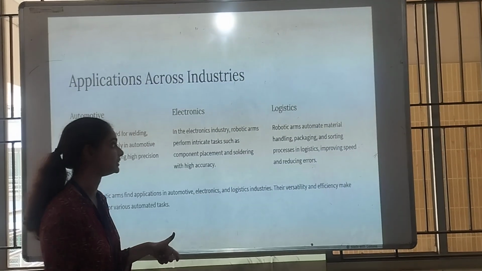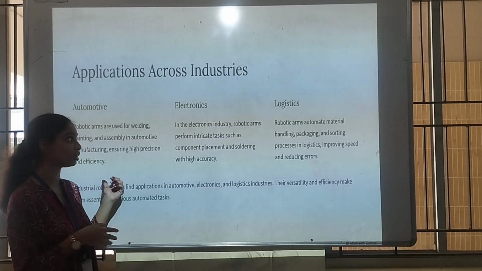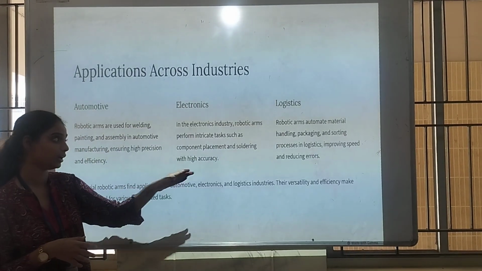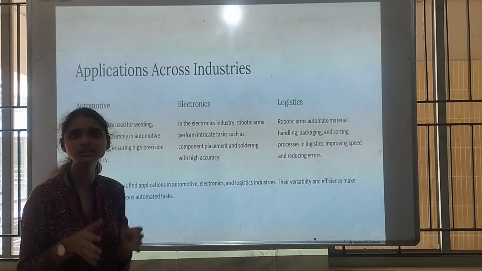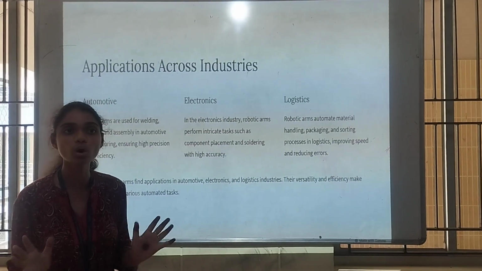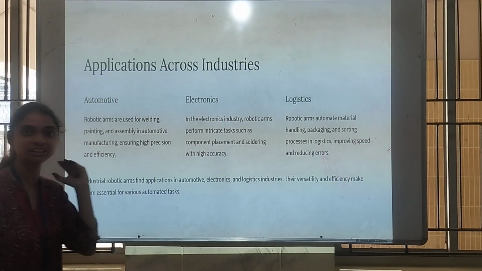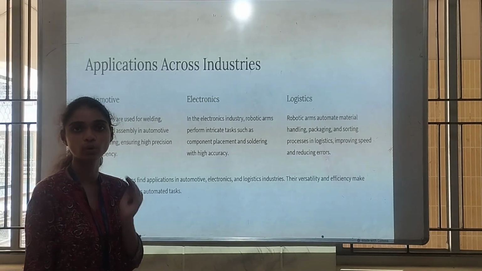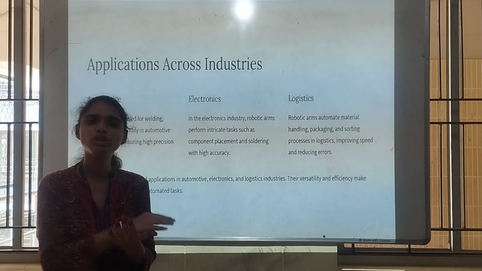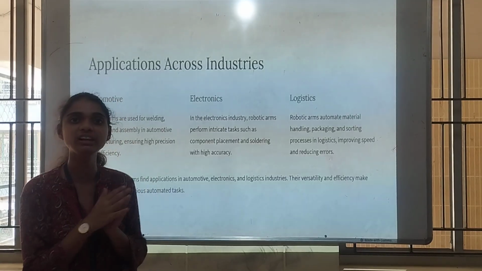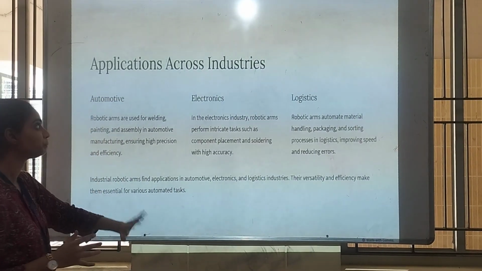Applications across the industries. Most industries like electronics and automotive use robotic arms throughout the area to make production high, efficiency more high, and precision also high. These three are very well applied in these fields.